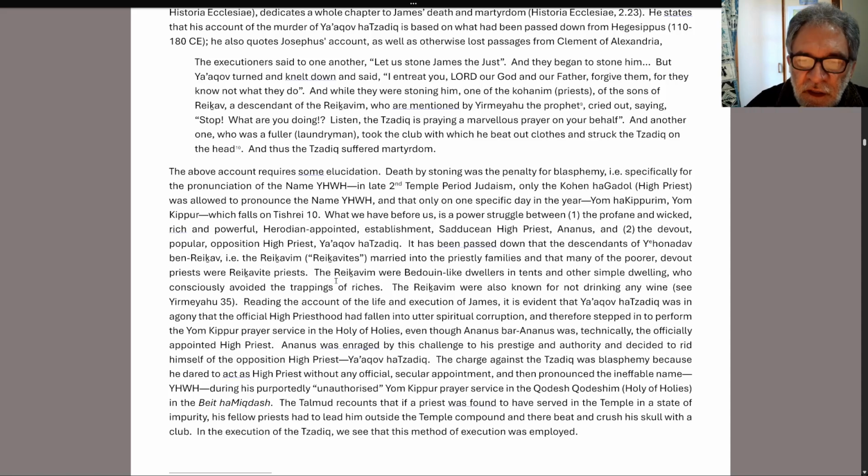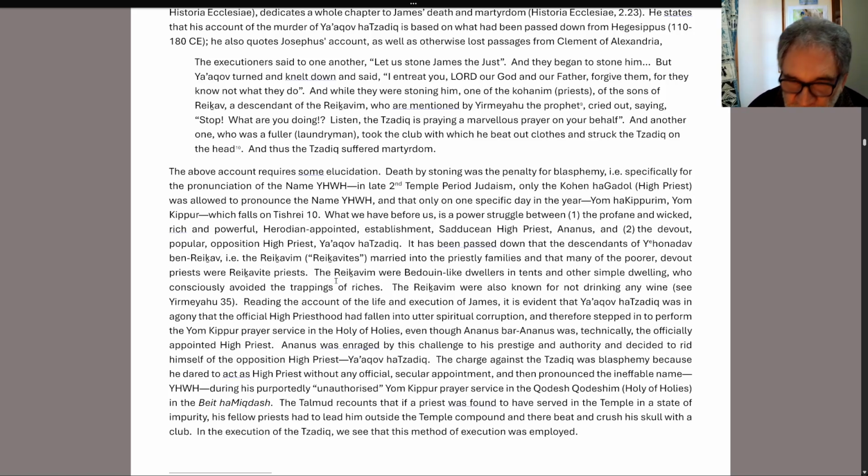Reading the account of the life and execution of James, it is evident that Yaakov Tzaddik was in agony that the official high priesthood had fallen into spiritual corruption, and therefore stepped in to perform the Yom Kippur prayer service in the Holy of Holies, even though Hanan bar Hanan was technically the officially appointed high priest.